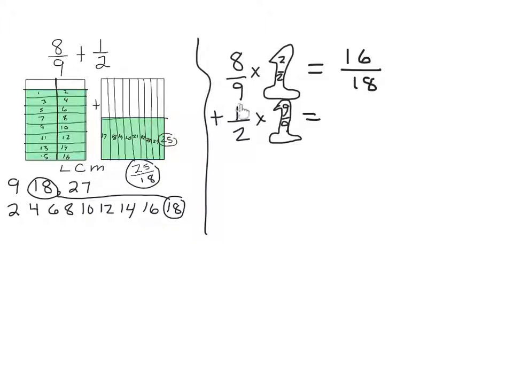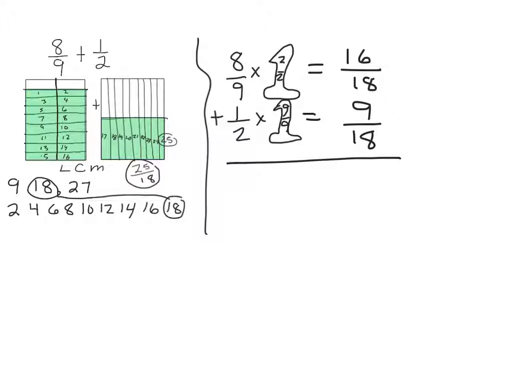I take 1 times 9, which is going to give me 9, and then 2 times 9 is going to give me 18. And bam. If you notice, I've got 9 across here, and they're cut into 18 parts. So 9/18. And now let's go ahead and simply add because I've got common denominators.